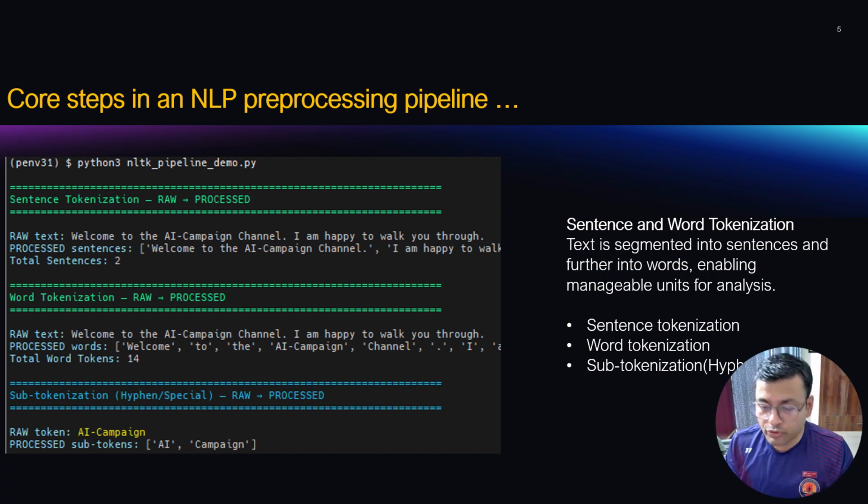For example, as you see on my screen, AI-campaign can be split into AI and campaign. This helps us analyze language more precisely. We can also split words into characters to study fine-grained patterns inside the word. NLTK is making the text processing more accurate before it processes further and gives you the right, accurate results.